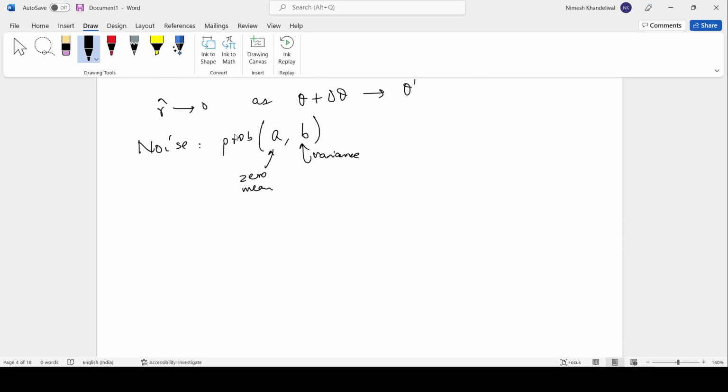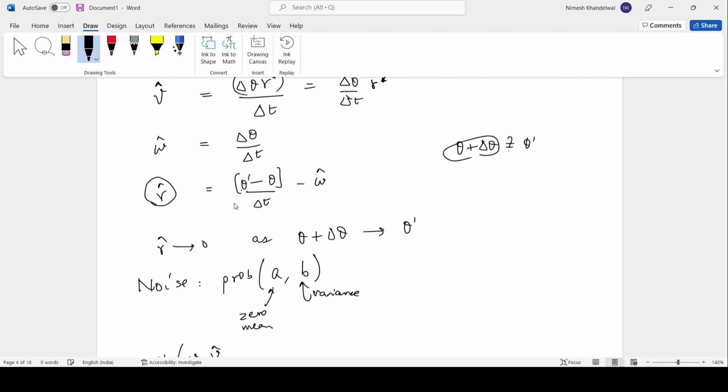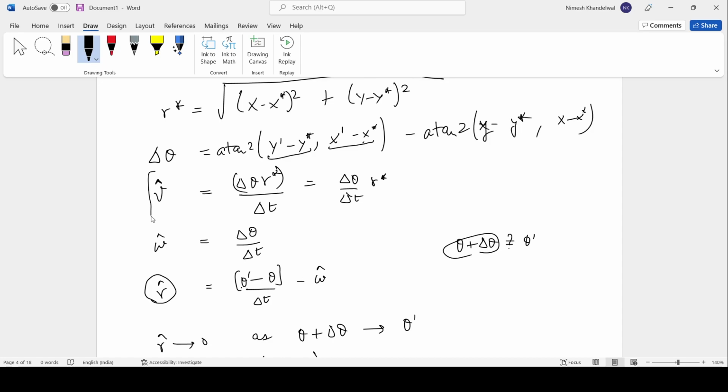In our case, the noise will be the probability of the actual velocity that I'm giving minus the estimate of the velocity from the model, that is, how much velocity is required for it to move.